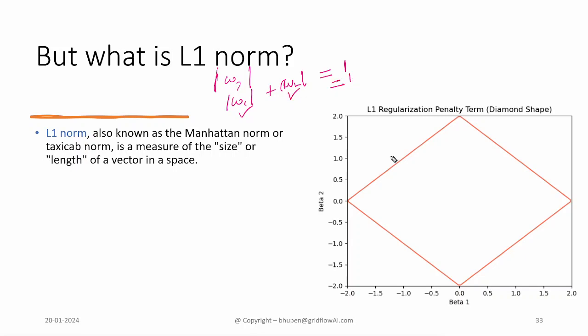Then you're going to get the shape of a diamond, with the origin here, and this axis, let's say, is W1, and this axis is W2. So for different values of W1 and W2, if the constraint is put to 1, it will always give you this particular shape. So the L1 norm is always a diamond shape.